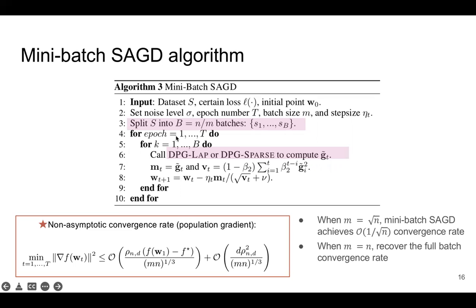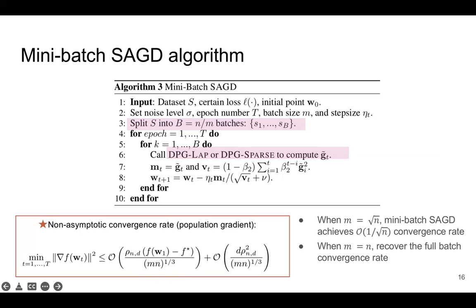The training set is partitioned into B batches with M samples in each batch, and at iteration T, algorithm 3 can call either the Laplace mechanism or the sparse vector technique to compute the private gradient on each batch, followed by some more optimization steps here.